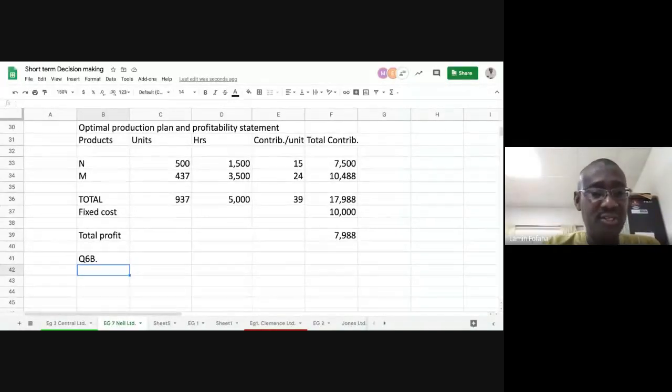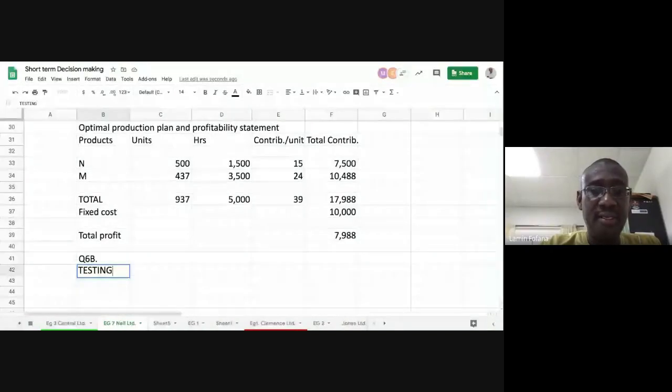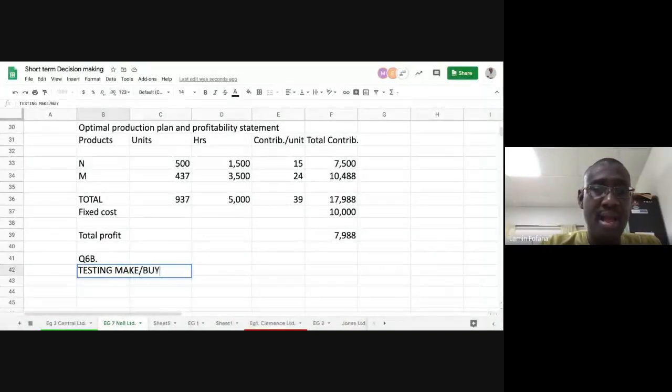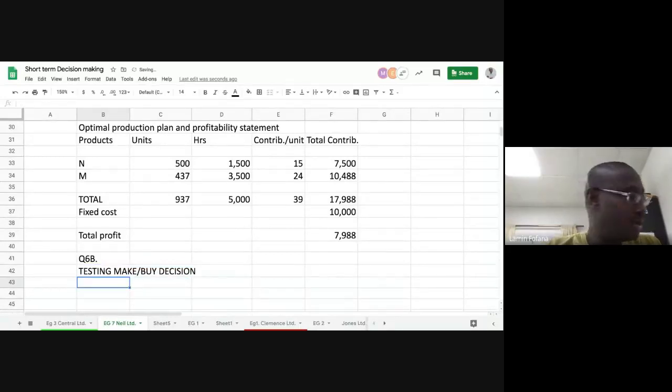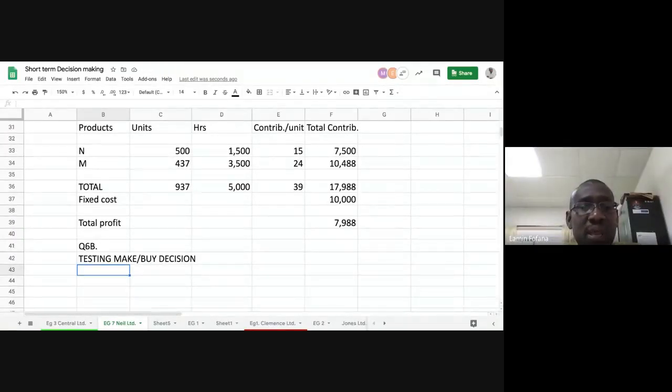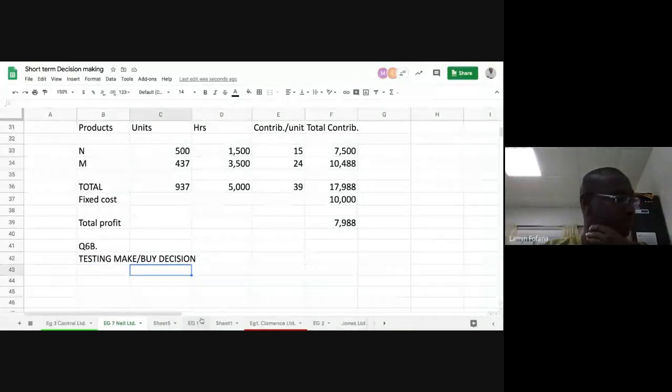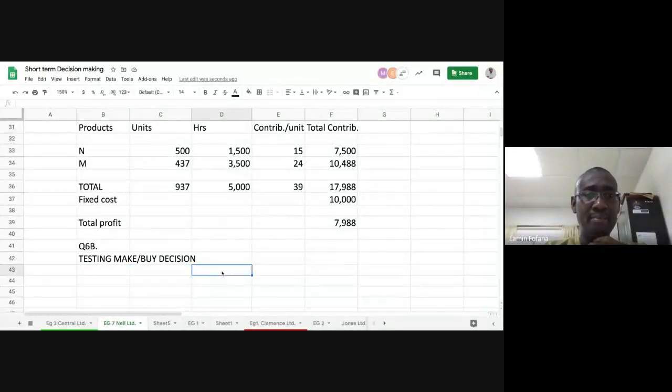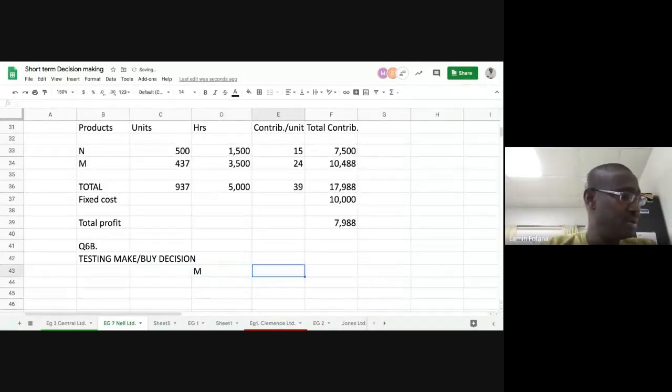So let's test the make or buy decision. We're going to test what the situation will be if we make or buy this. We'll say product M and product N.